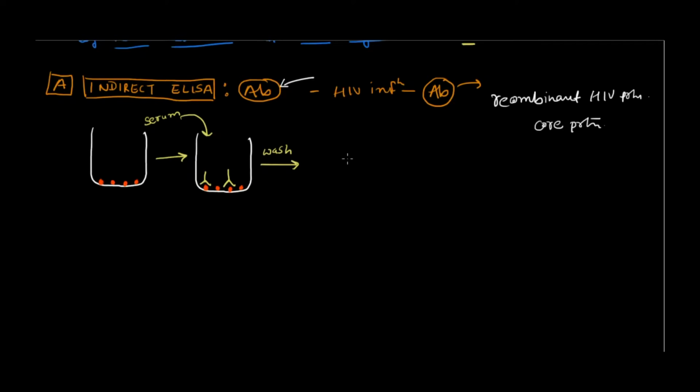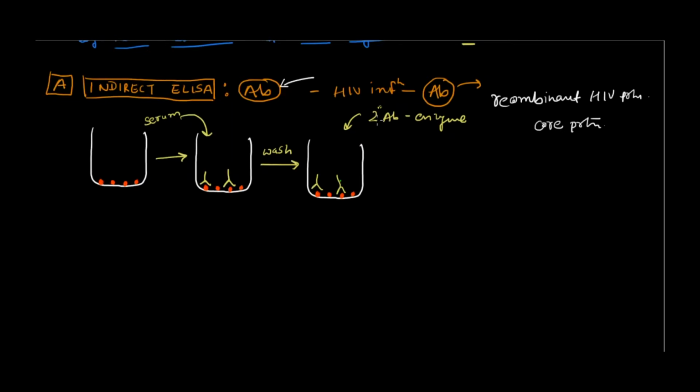So now next for the detection, we are going to add something called a secondary antibody, and these antibodies are conjugated with enzyme. Okay, this is where enzyme comes into picture. And the speciality of these secondary antibodies is they can bind to this primary antibody's FC region.